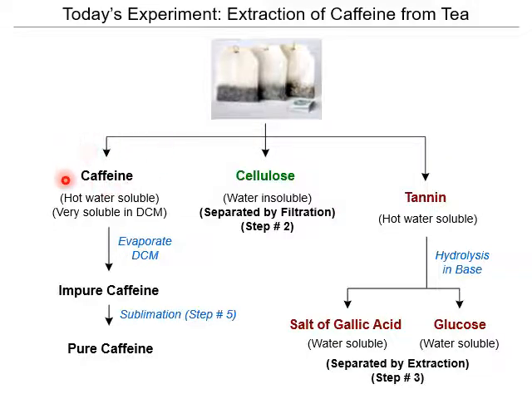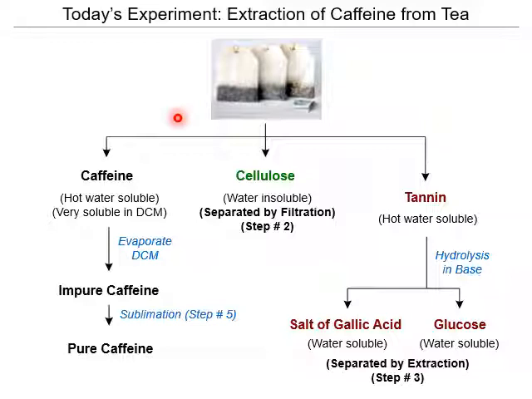We are interested in caffeine, and we know that it's hot water soluble, and it's very soluble in DCM. So first, since here we have a lot of impurities, a lot of stuff that we don't want, think about what the first step should be to get caffeine out of the tea bag. Well, naturally you would boil the bag, right?